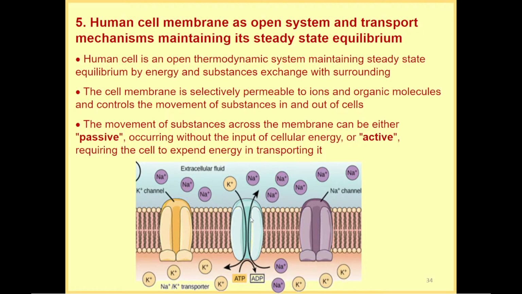These ions are pumped outside the cell, and after this ions can diffuse freely through the channels. So you can see this exchange of matter between the cell and the surroundings.